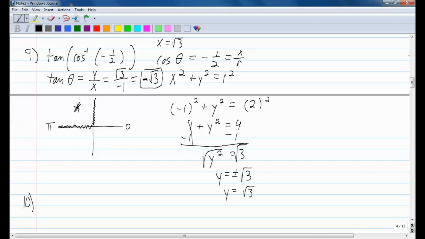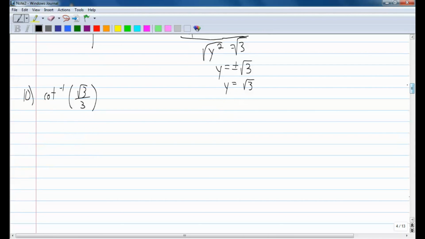Number 10 is the inverse cotangent of square root of 3 over 3. Now, inverse cotangent is the only reciprocal trig function that's not defined like its reciprocal.